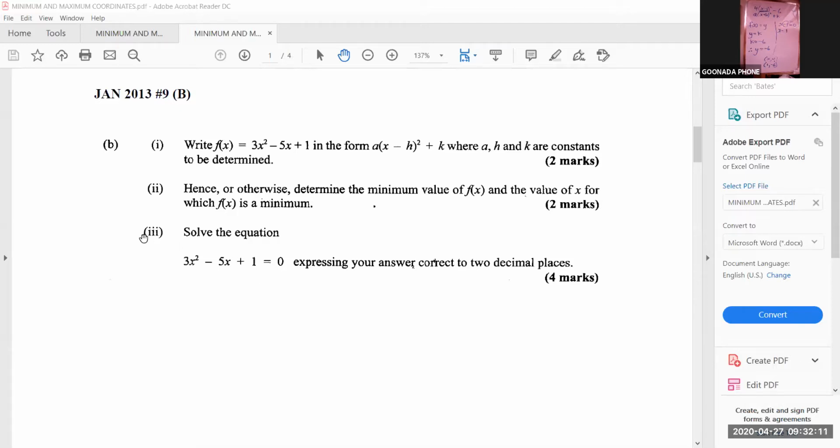So you're not doing this third one because this third one is a different topic, which is the quadratic formula, and we already did that. Right now, we're just focusing on minimum and maximum coordinates, hence the reason I just want you all to do numbers 1 and 2, okay?